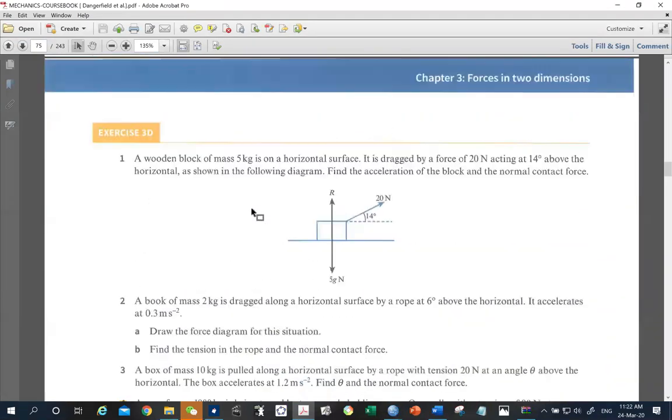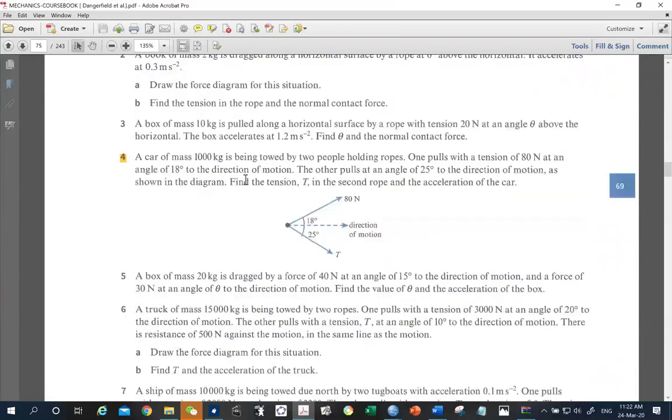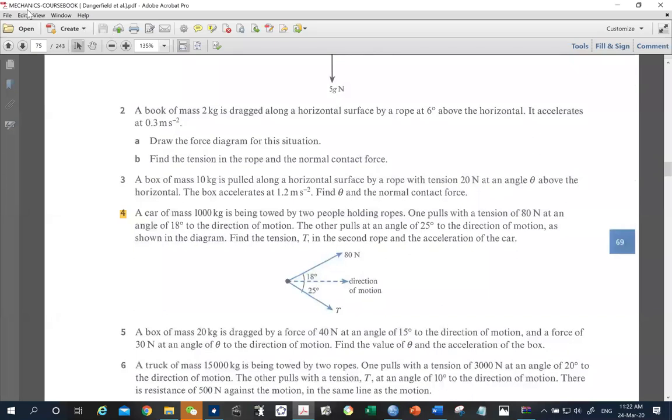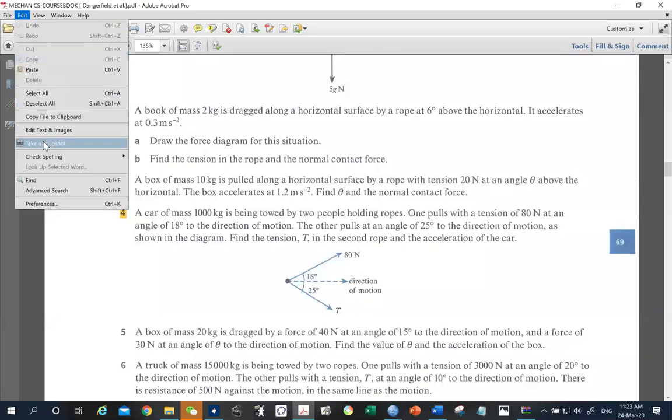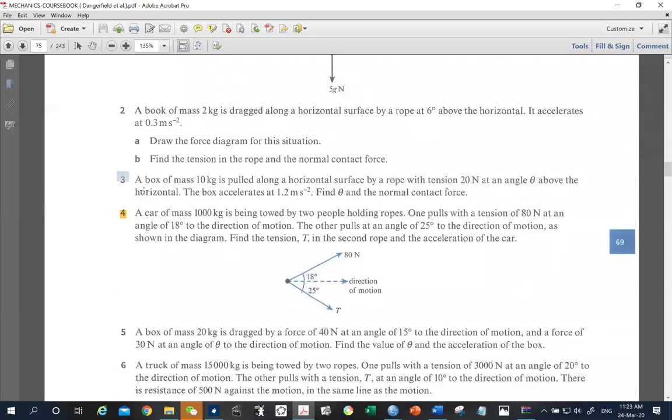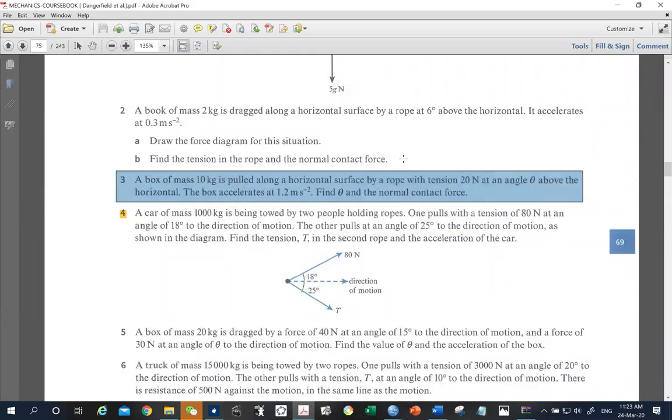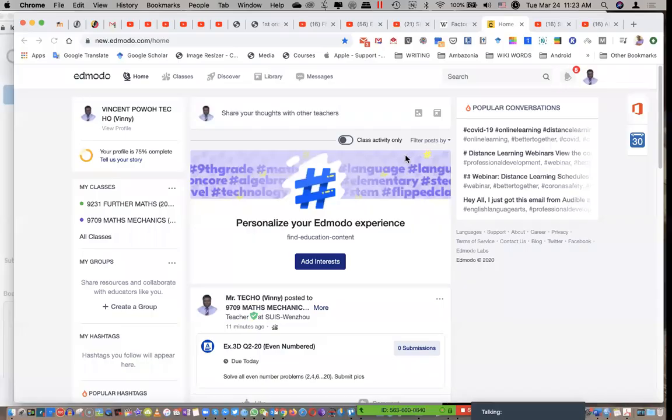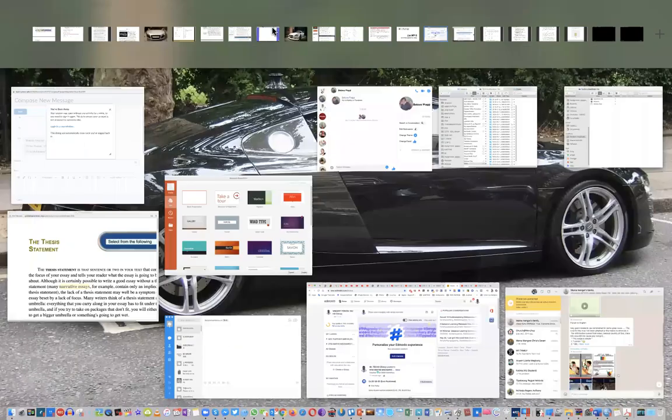For those who did not do this work yet, let's look at question 3 and see. Question 3.